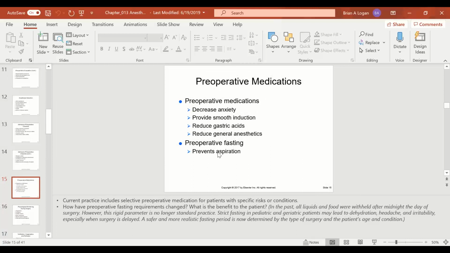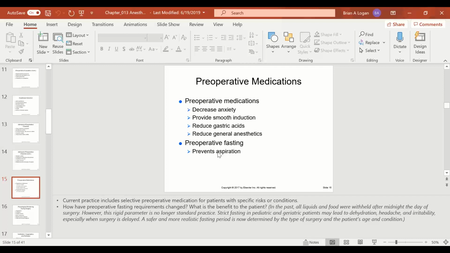A lot of the pre-op meds that we give, we're trying to get rid of that anxiety, right? Give a nice smooth induction, right? They don't have the spasms going on, things like that. We're trying to reduce the amount of gastric acid that's being produced so it doesn't come back up. And we're trying to reduce the amount of general anesthetic that we have to use. If the patient's nice and calm already, they don't have all those stress hormones raging around in their body that we have to overcome first with the general anesthesia to keep them under.